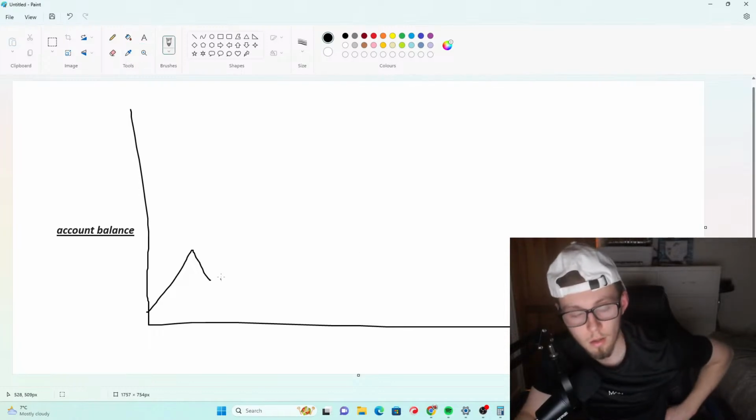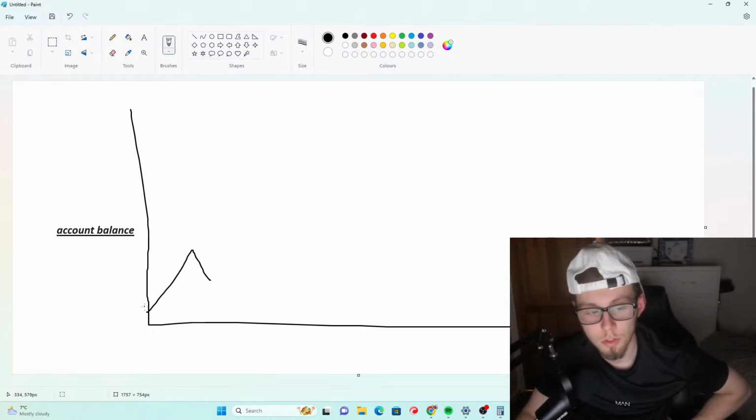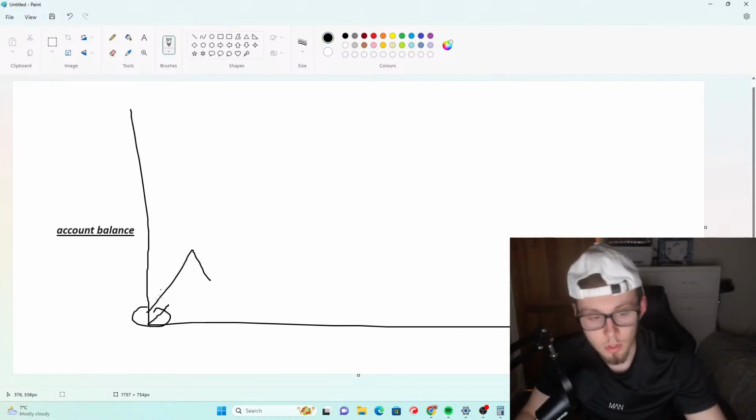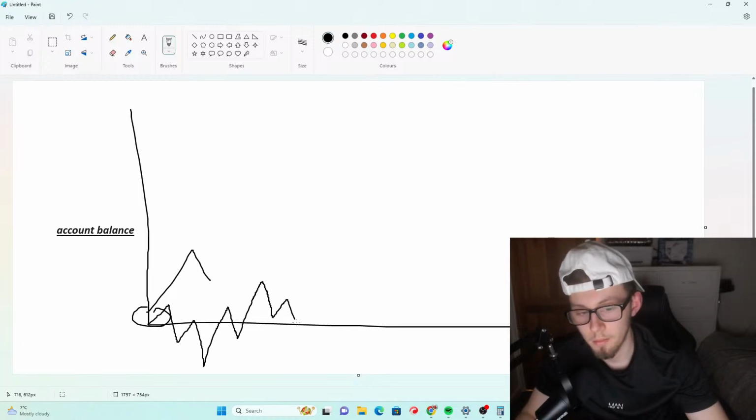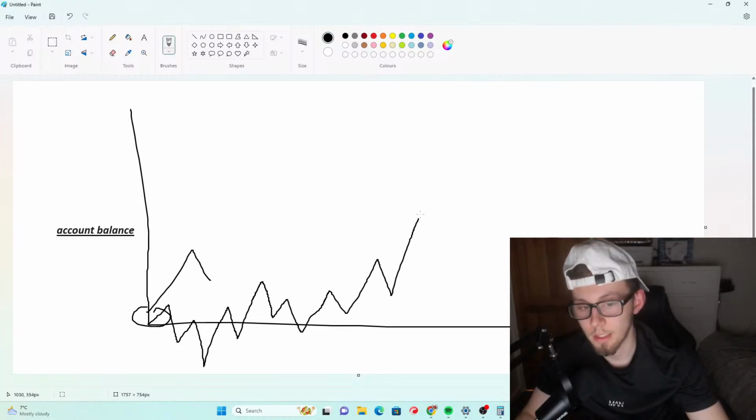Cool. So yeah, the account balance usually will start wherever it starts. Now, for most cases you're not going to get this. You're actually going to get maybe this, and then maybe something like this, and then maybe something like this, and then it starts to accelerate, and then maybe comes down again.